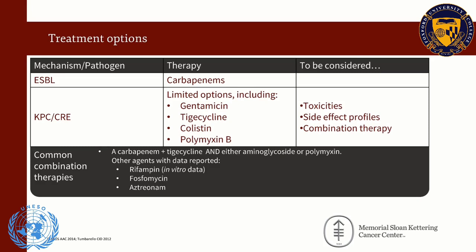Aztreonam has also been included in combination regimens despite high-level resistance in order to exploit its competitive inhibition of MBLs. Ultimately, the selection of components of combination therapy likely depends on patient clinical characteristics such as site of infection and the type of carbapenemase being produced.